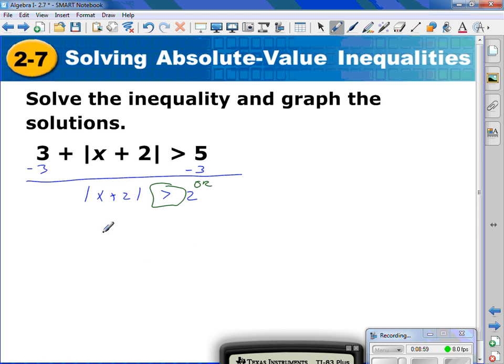When I get an or statement, what does it break up into? What's my first one? X plus 2 greater than 2, or x plus 2 is less than -2.